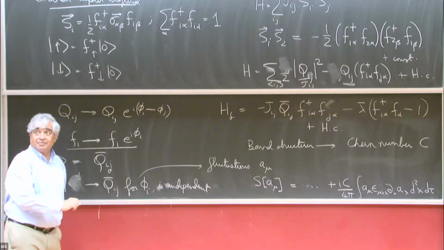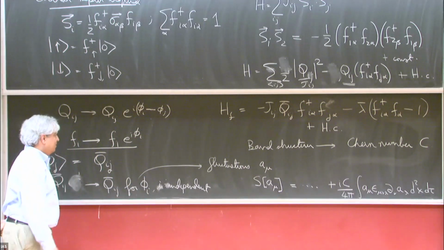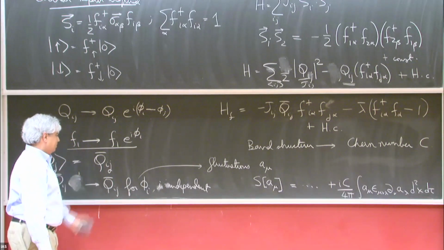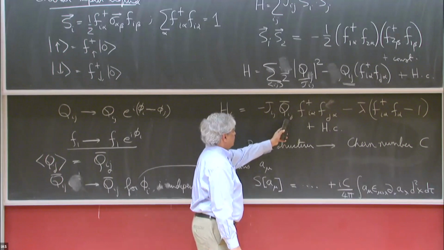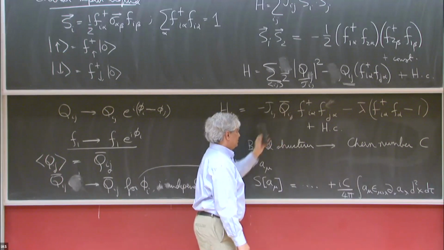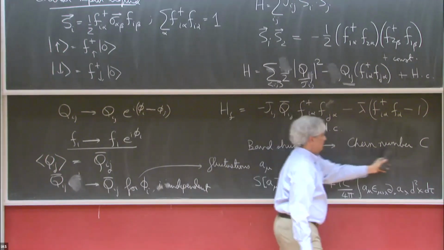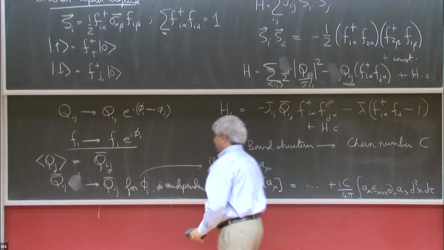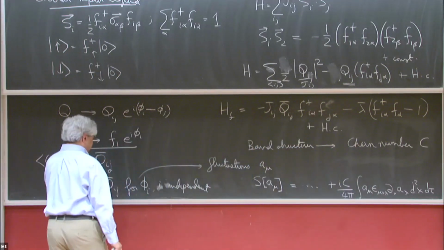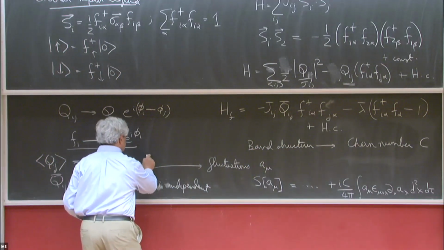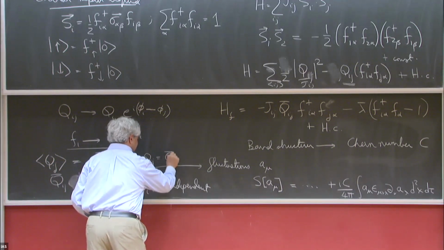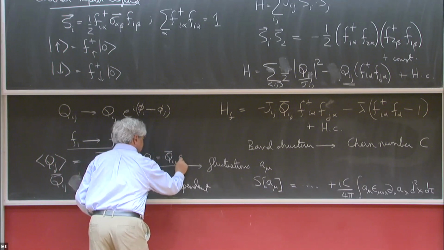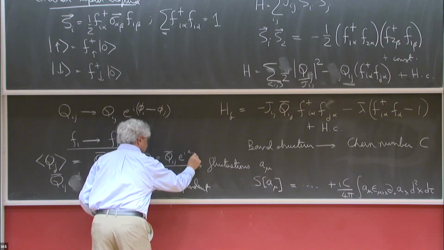Right, so the task before us, and I'm running out of time, is first of all, you find the saddle point Q bar. Then the saddle point is such that the band structure of the f has a Chern number. Then you look at fluctuations, and the fluctuations are actually very simple. Q_ij is going to be Q bar_ij times e to the i a_ij.